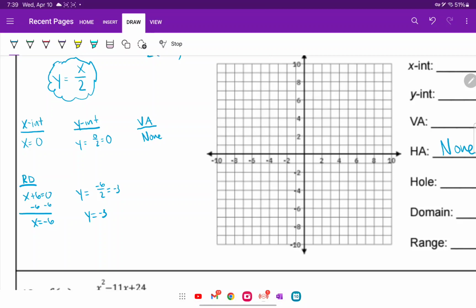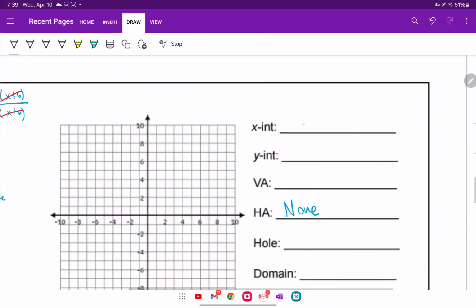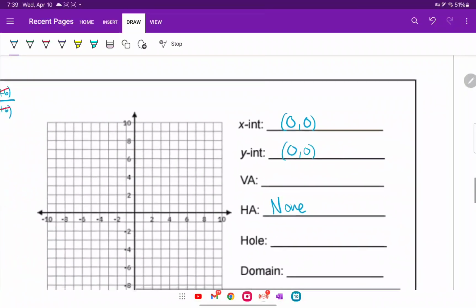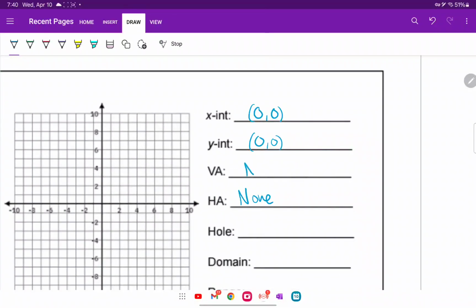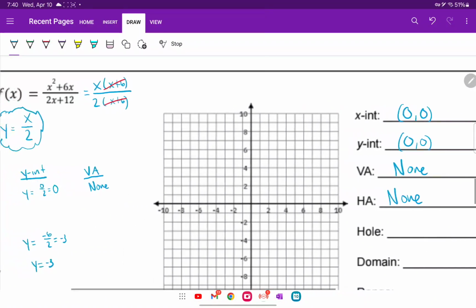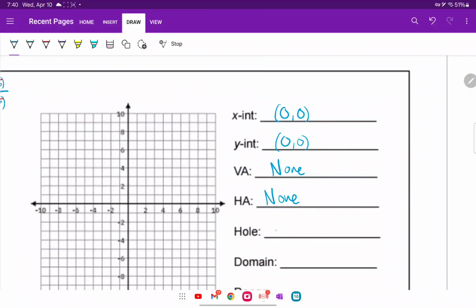And there's our information. Okay, so for our x-intercept and y-intercept, they're both (0, 0). Our vertical asymptote was none. Our hole was at (-6, -3).